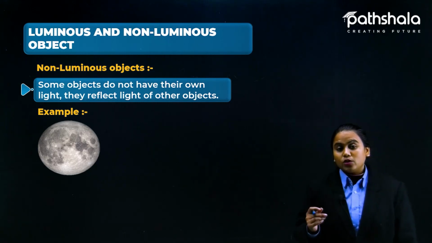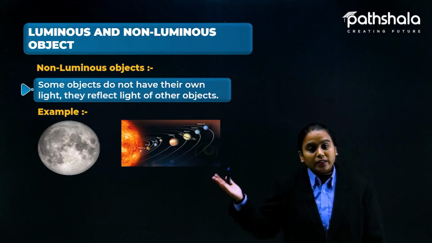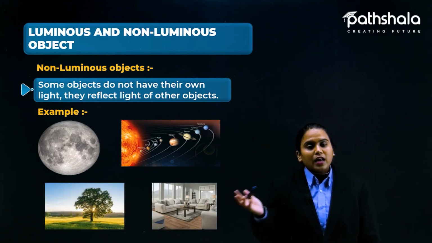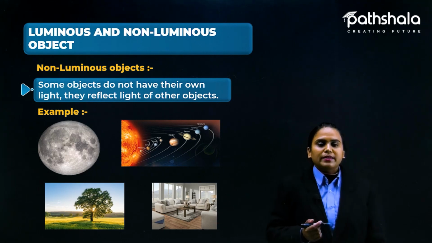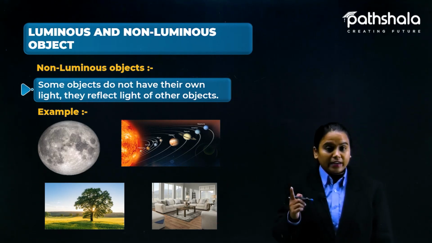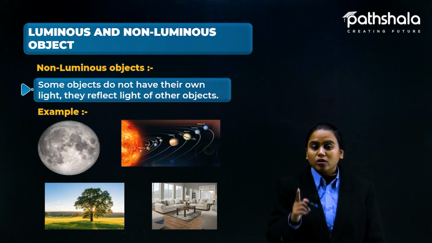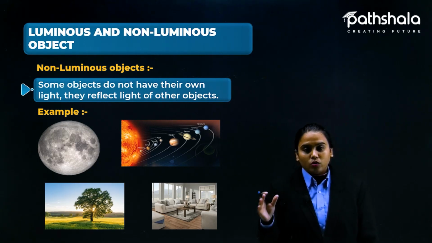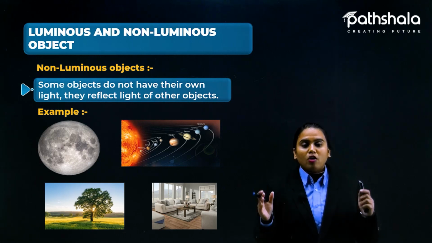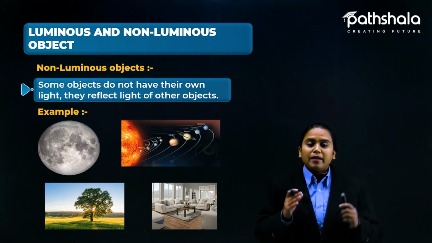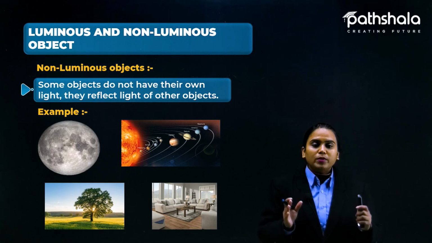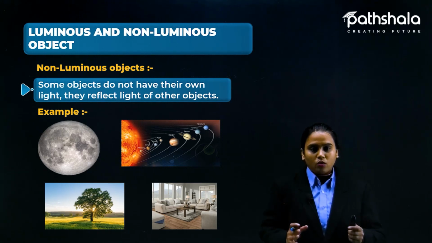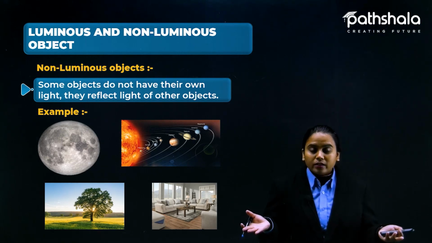We can see other planets, trees, the classroom, or any furniture in your room because of light. If you make the room dark, suppose you switch off all the switches, will you be able to see your table, chair or bed? No. Why? Because there is no light.